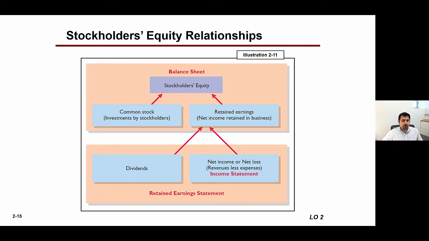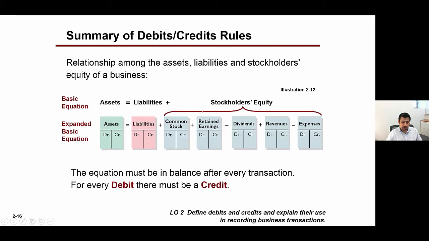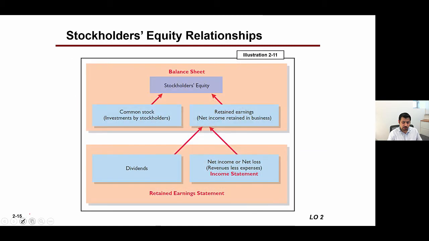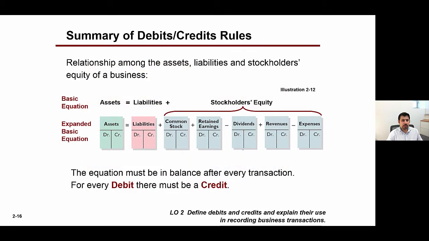That would give us the information needed to calculate retained earnings, using both the net income or net loss from the income statement, and the dividends, along with the common stock. That would give us the stockholders' equity section of the balance sheet.